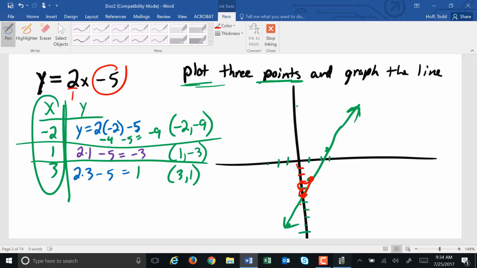Let's try this. I think if I just plotted the first one and the last one with that line tool, then it would mark it right, but I still plot 3 points. You try one, and then you try to do the other one, and it's just like, really? Okay, yeah.